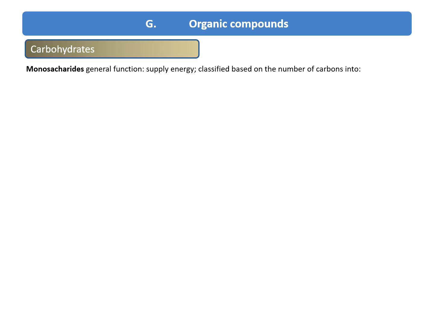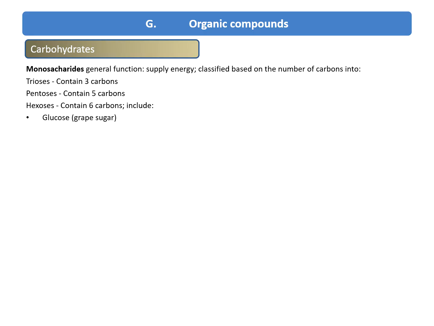They're classified based on the number of carbons into trioses, which contain 3 carbons, pentoses containing 5 carbons, hexoses containing 6 carbons. The hexoses include glucose, grape sugar, fructose, fruit sugar, galactose, and many, many others.